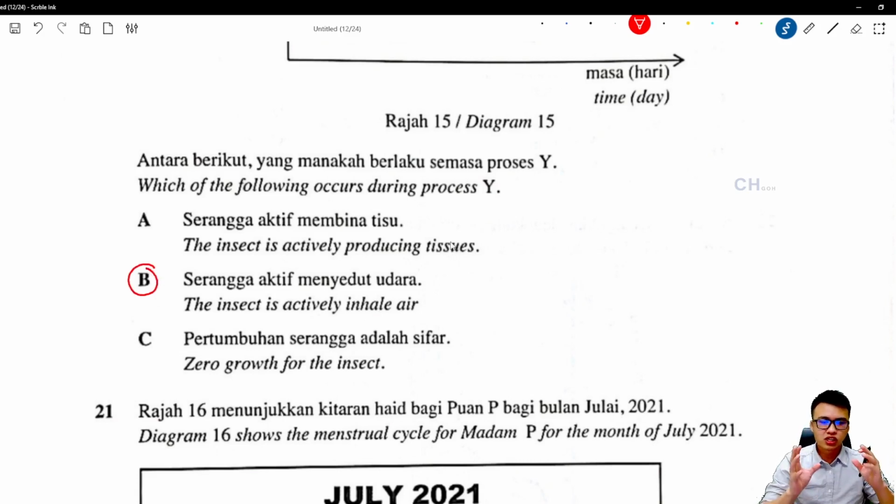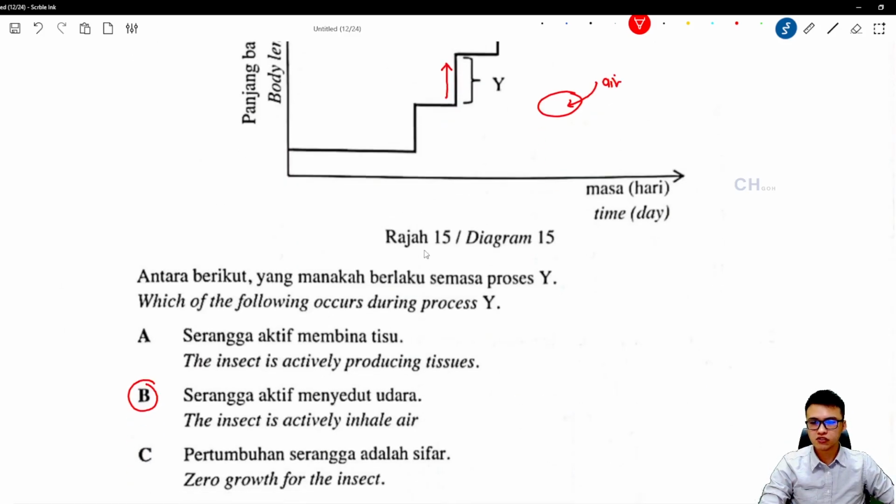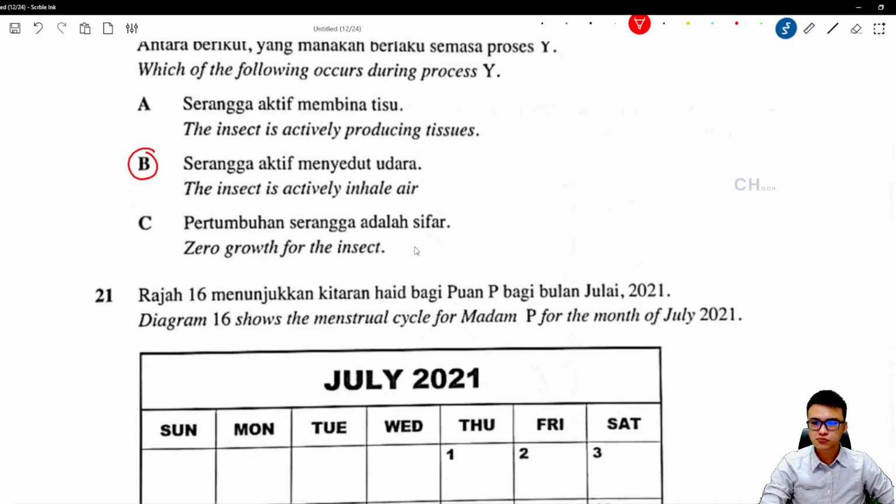Because it has already shed the exoskeleton. Now it's time for them to grow. So how do they grow larger in a very short time? They will eat a lot and inhale a lot of air into their body. Once they inhale a lot of air, they can enlarge their body size in a very short time. So this is the answer for question 20.